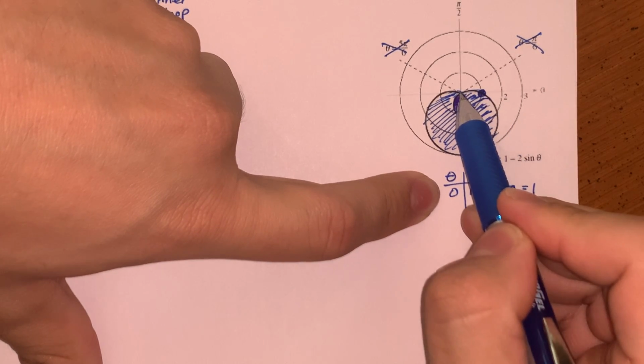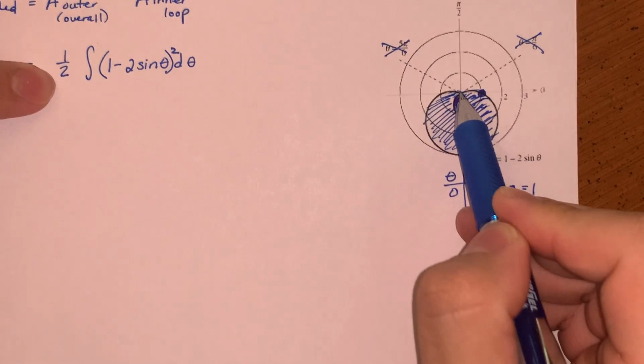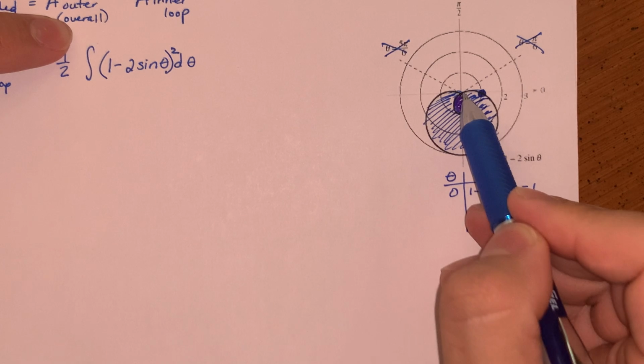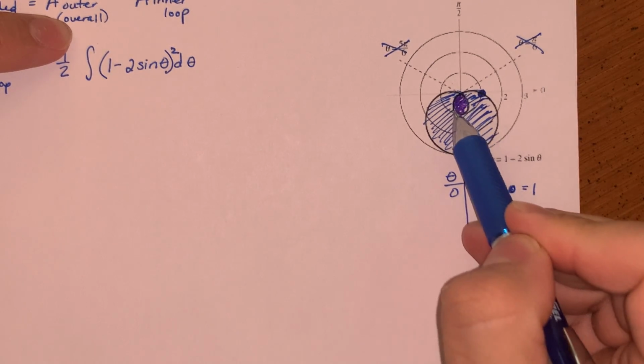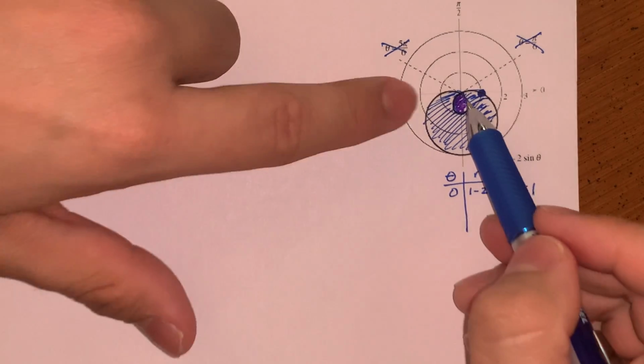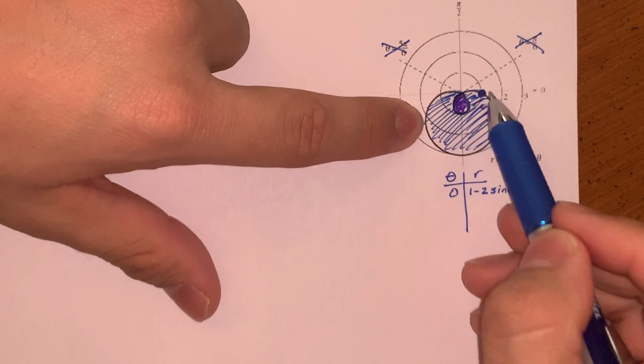That is not the beginning of my inner loop. Because when I'm integrating from a lower bound to an upper bound, it has to start from here, loop around, and go right back there. So 0 starts you off over here.